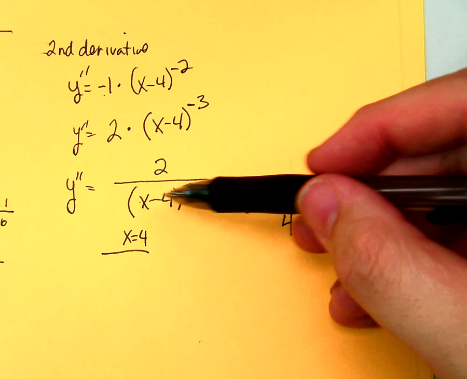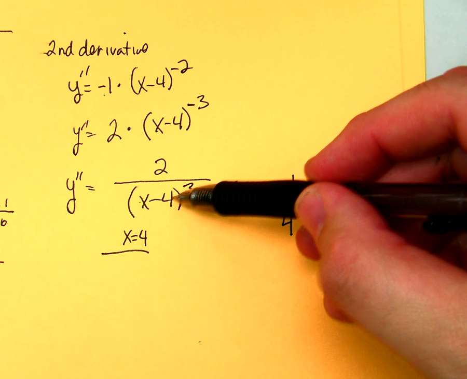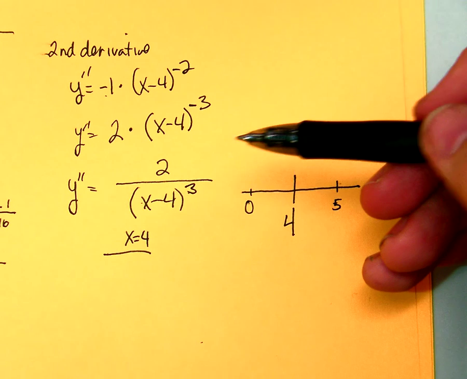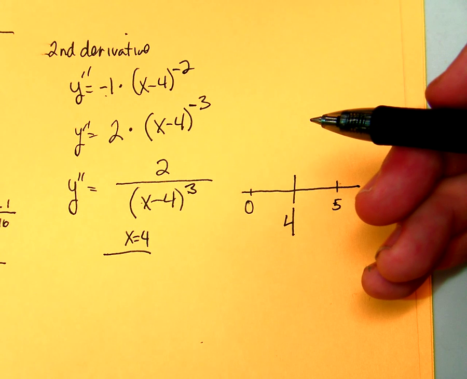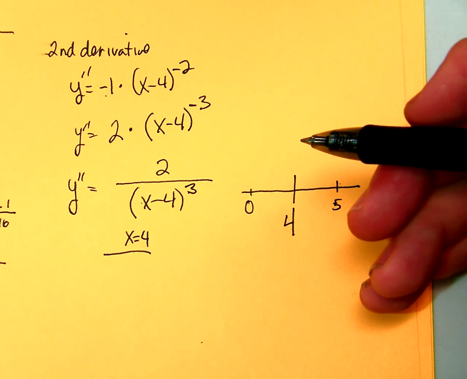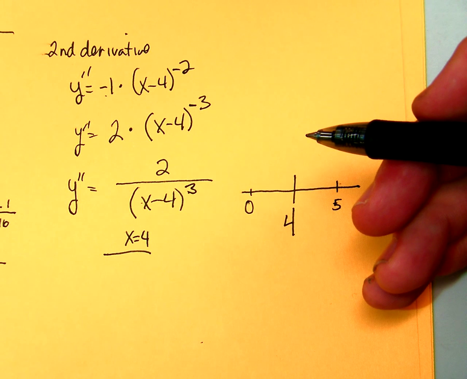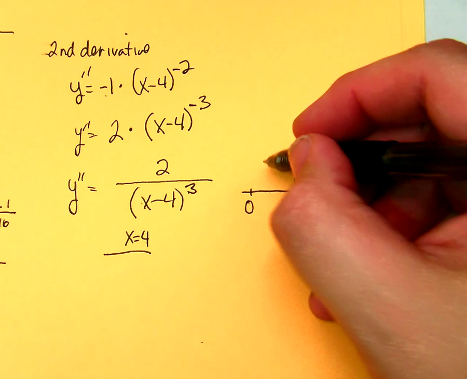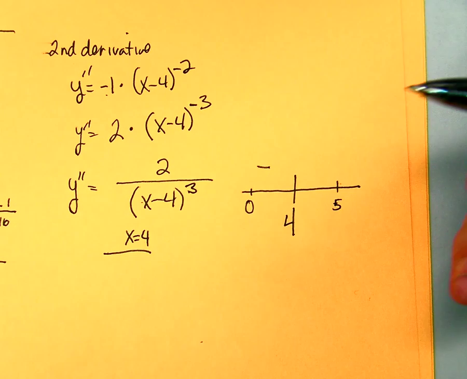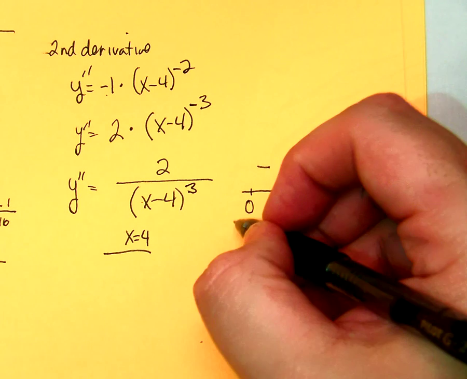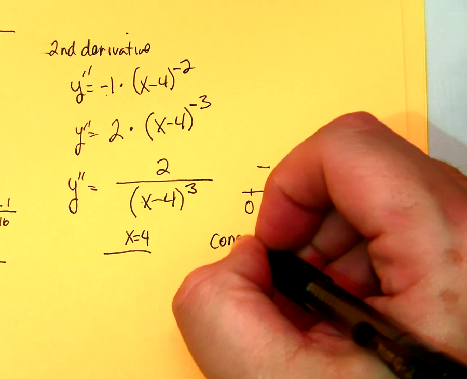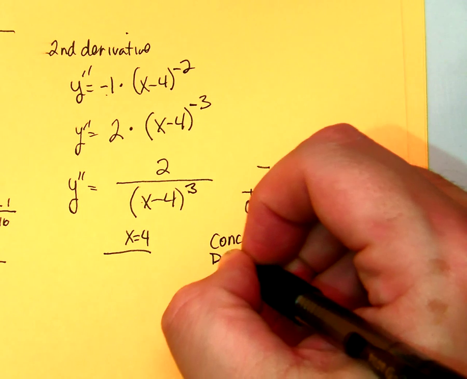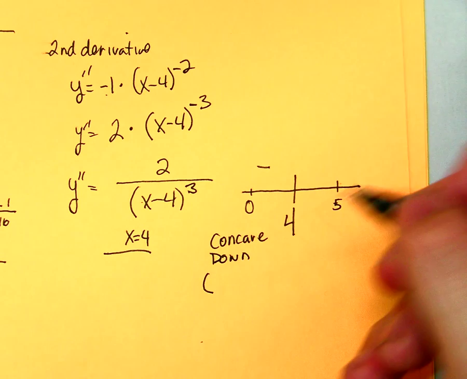Negative 4 to the third power, is it going to be positive or negative? Negative. Because it would be negative 4 times negative 4, which is positive, times another negative, which is negative. So does that mean it's concave up or down? All right, so I know it's concave down on negative infinity to 4.